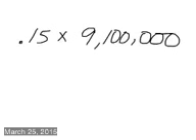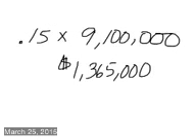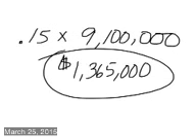And when I multiply those two numbers together, what do I get? 1,365,000. So if I own quick copy machines, I'm projected to have that much in sales over the next year, as long as I corner 15% of the market. That should be accurate or close to it.